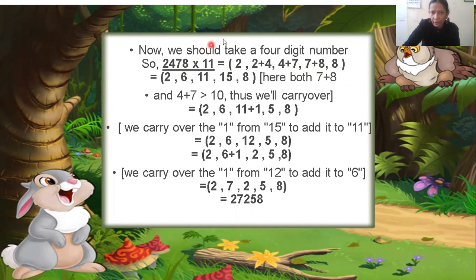Again you look here, what are the next two numbers here? You just ignore this 8 here, because this is just what you have written here. So ignore this 8. What are the next two numbers? This 4 and 7. Look at this 4 and 7. You have to add this 4 and 7.